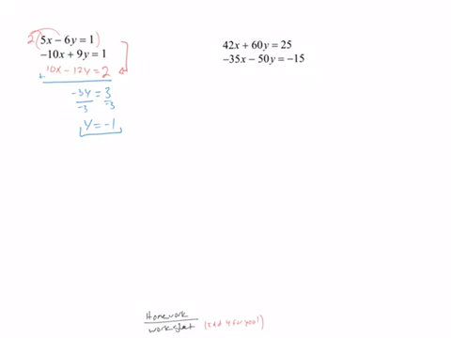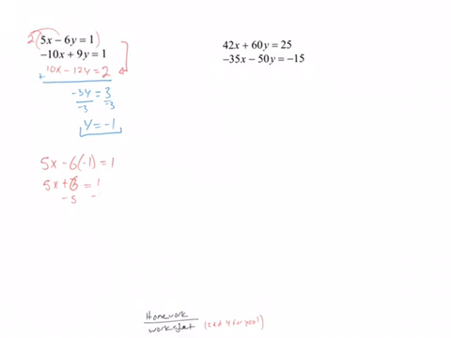Now that I have that answer, I'm going to go ahead and plug it in. You can choose either one you want. I think I'll plug it in the first one, again, just because I think it's smaller numbers. So 5x minus 6 times y is equal to 1. So 5x plus 6 is equal to 1.